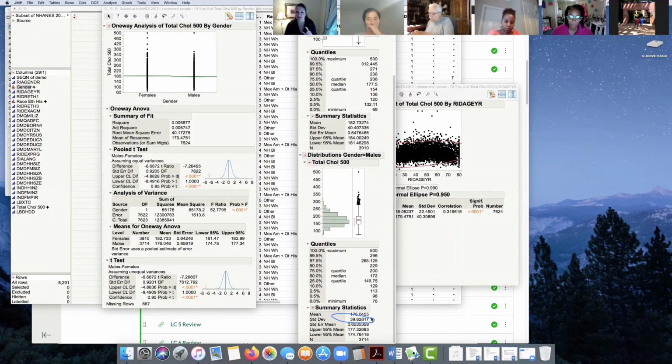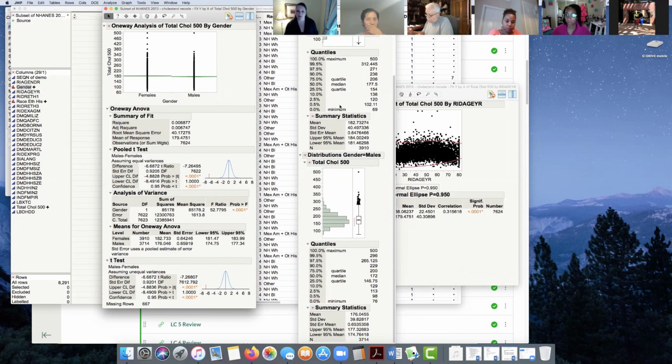Females have just slightly more variability in their cholesterol scores. This T-test right here that says assuming unequal variance lets each gender have its own variance in the T-test. This one says assuming equal variance actually just uses the variability for total cholesterol. It doesn't do it by gender.